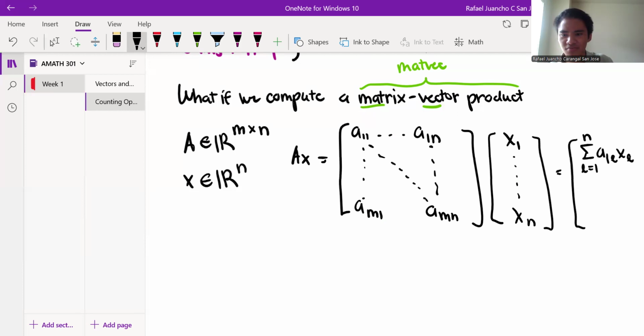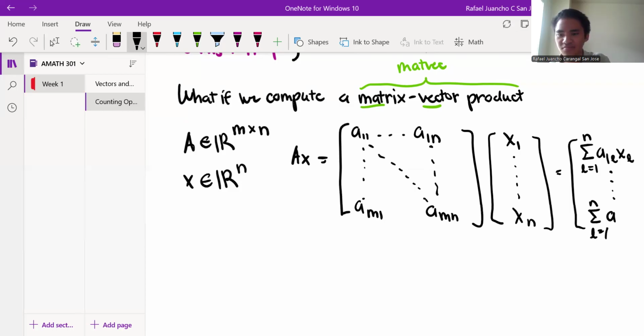Then we keep doing that. l is still 1 here, and here we do n, because it goes all the way to n.